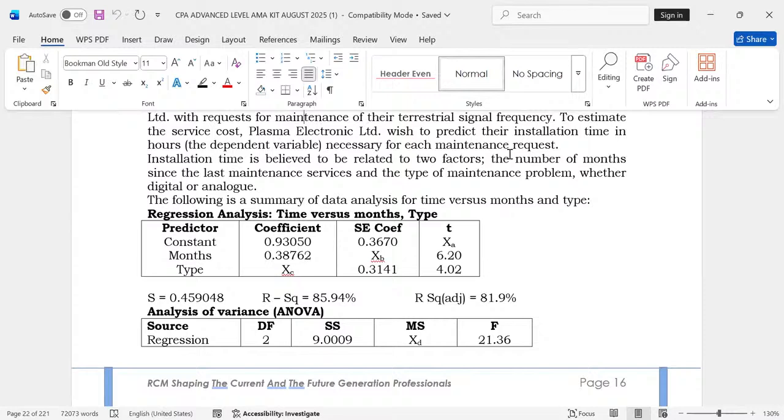Months, isn't it? Plus 1.2627 x2, which was IPS type.